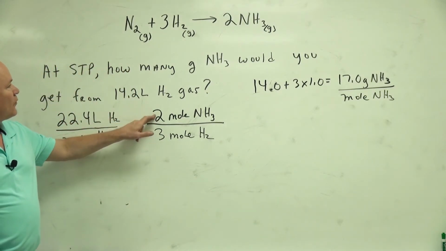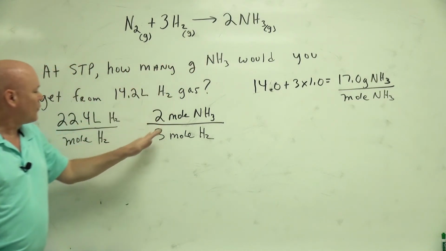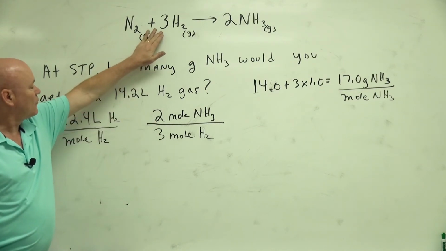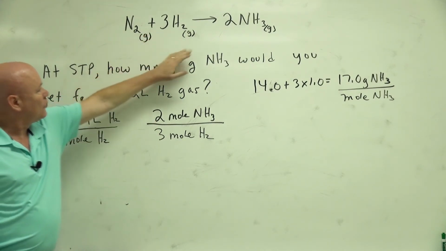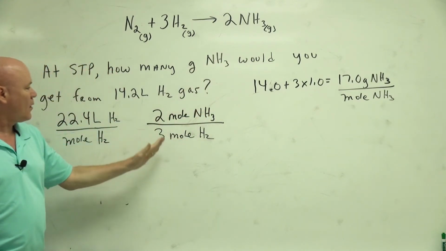And where did I get this number? I got it from the balanced equation. 3 mole hydrogen, 2 mole ammonia. There they are.